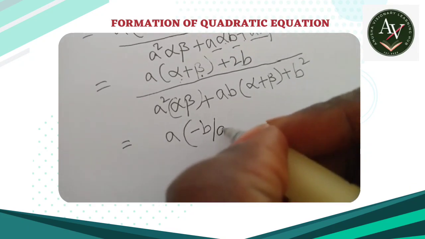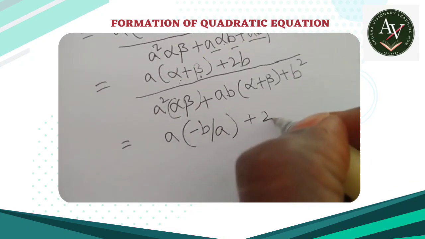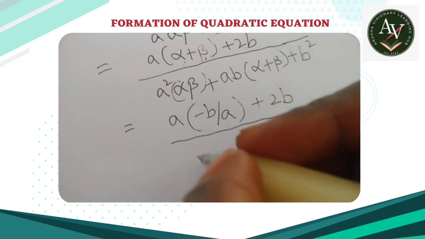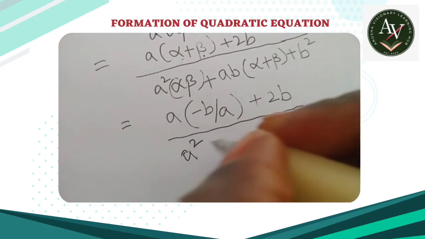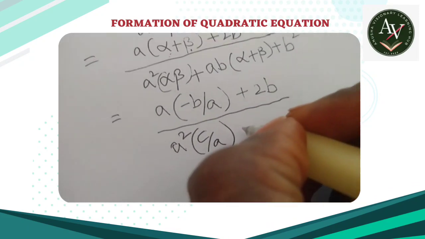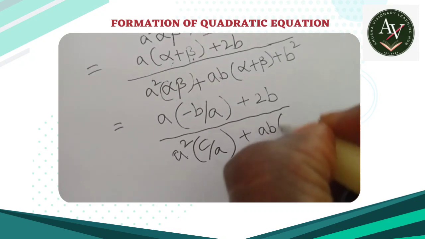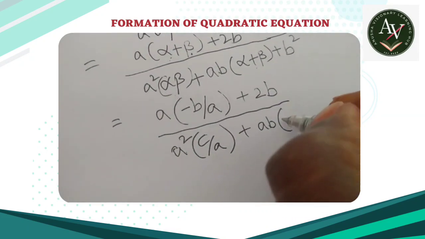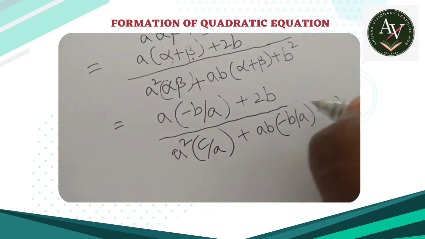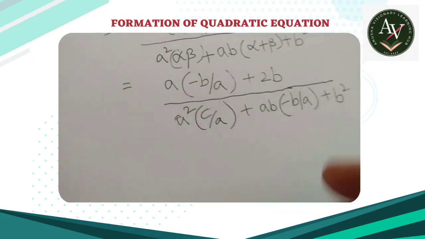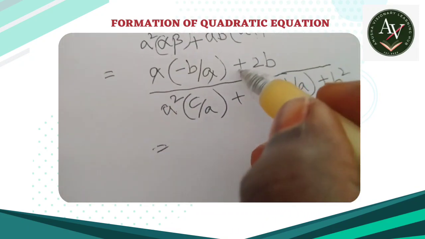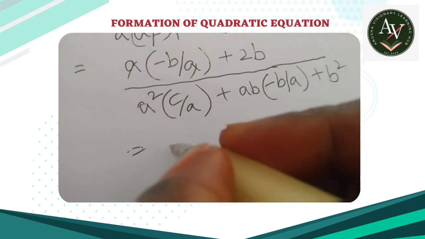Minus b by a, plus 2b, whole divided by a square into alpha beta, which is c by a, plus ab into alpha plus beta, which is minus b by a, plus b square. Now simplify all these. a gets cancelled, minus b plus 2b.